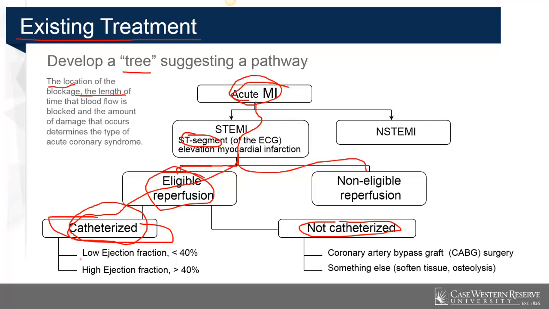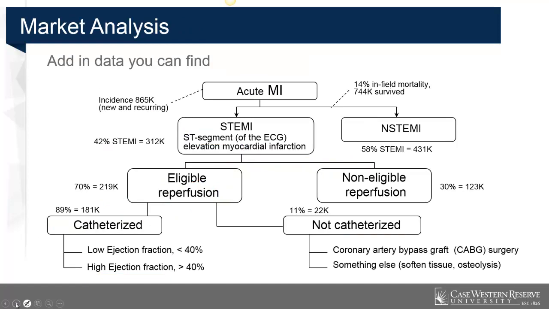We could take that even further to looking at low ejection fraction, high ejection fraction, and many times you actually have to have a high enough ejection fraction to have a healthy heart for the procedures. But let's take another look at this, and let's add some numbers, and I think it'll be a little more informative and illustrative of the point we're trying to make here.